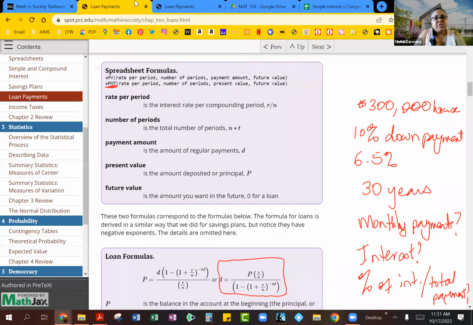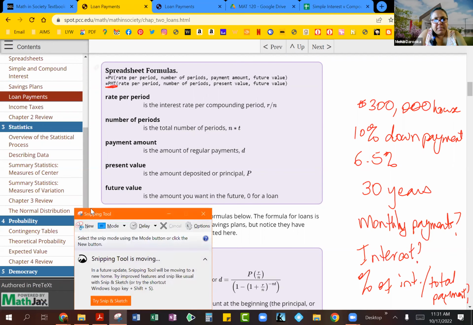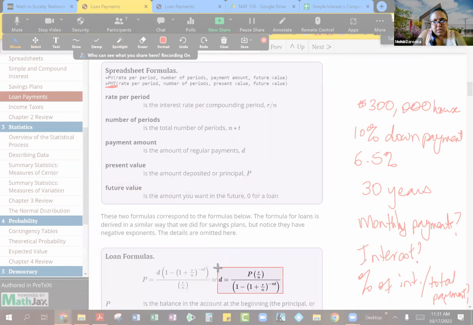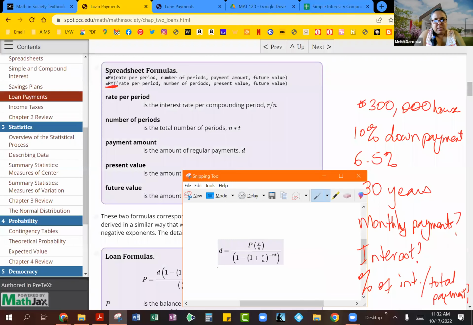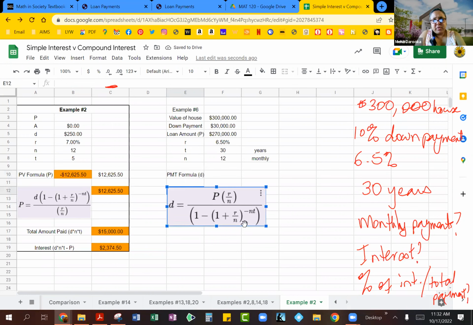Okay, so let's copy that over then. So if you're finding the monthly payment, you can use the PMT formula, which will help you find the D value, or you can use the textbook formula over here.